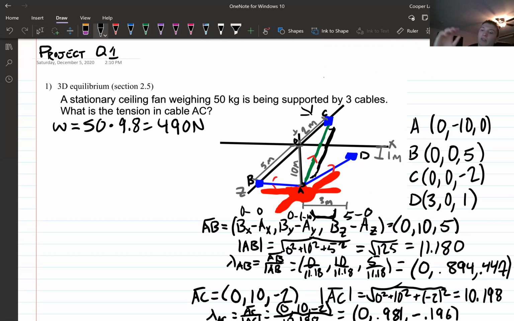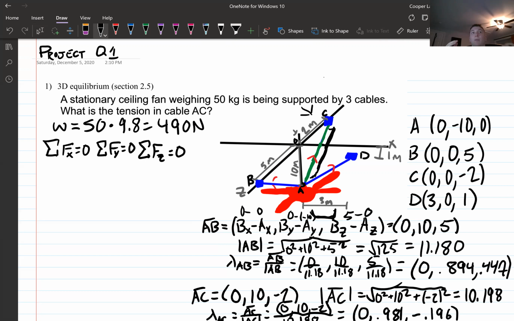So now we're going to start using our 3 main equations to try to get AC. First things first, I have my sigma f sub x equals 0. I also have sigma f of y equals 0. And lastly, sigma f of z equals 0.